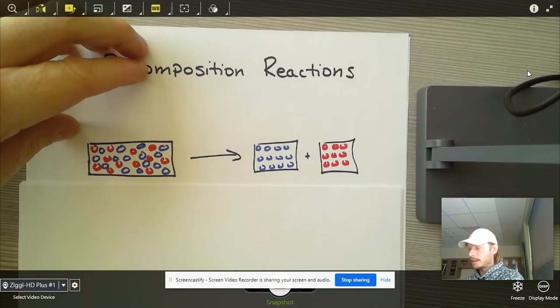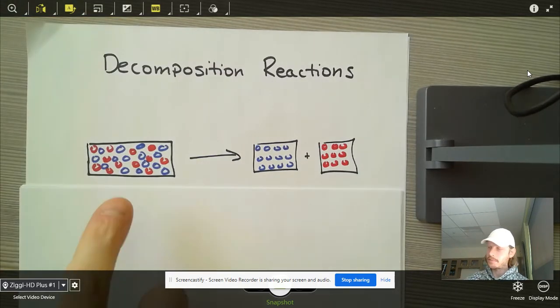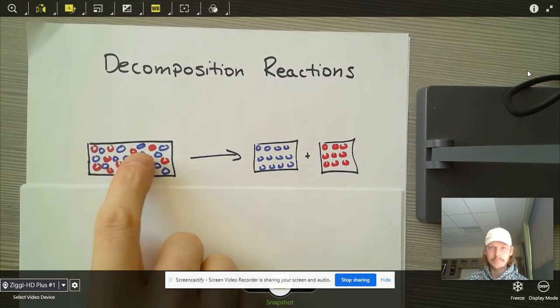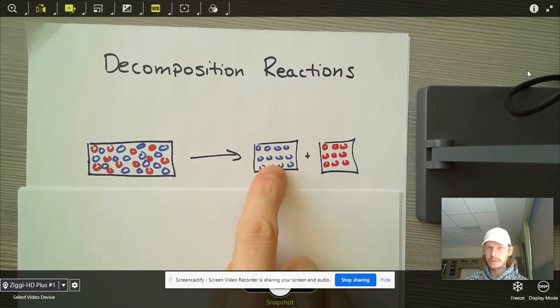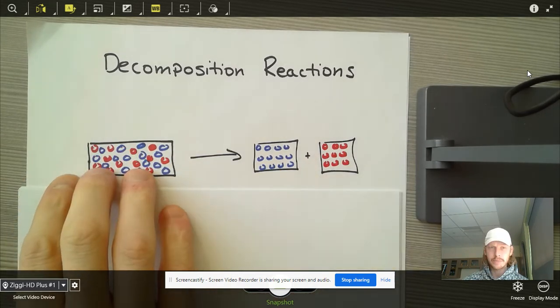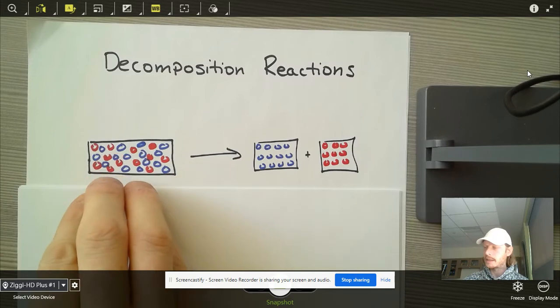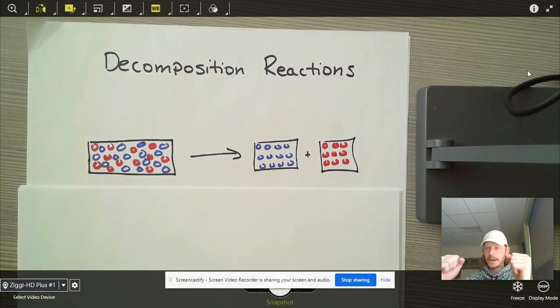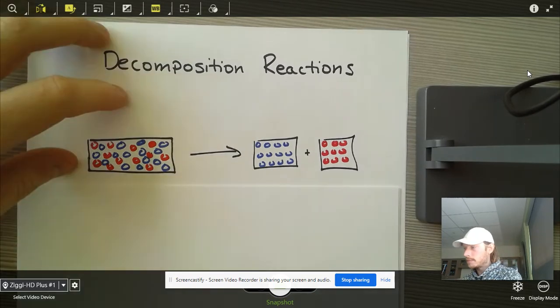So it might look something like this. We have a mix of blue and red that decomposes to just go back to blue and red. They might be mixed up to begin with, even in something like a leaf or a living organism. Everything's mixed together, but as soon as it decomposes, it just goes back to its original building blocks that was used to build it in the first place.